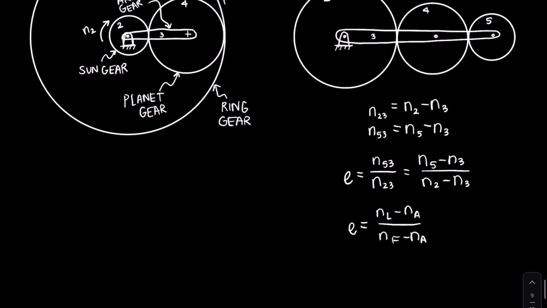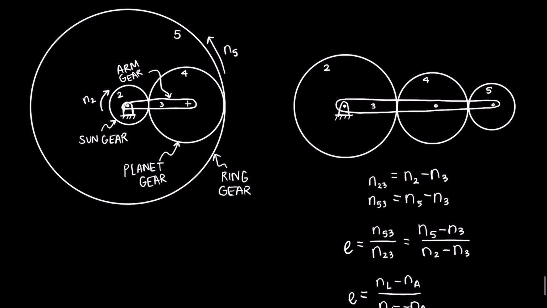So if we let the speed of the arm be 0, then the speed of the first can be brought over here. We have the same equation. The speed of the last is equal to the train value times the speed of the first. So the only thing that we're changing when talking about these epicyclic gear sets is that we have to have two inputs. So we have to define relative motion between multiple gears in the gear train.